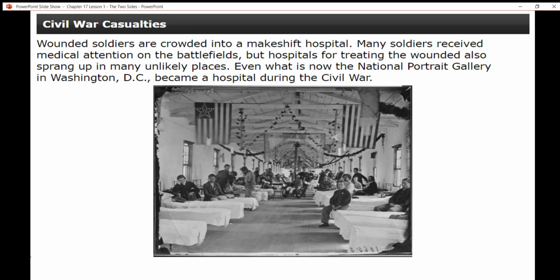Here in this actual photograph, wounded soldiers are crowded into a makeshift hospital. Many soldiers receive medical attention on the battlefields, but hospitals for treating the wounded all sprang up in many unlikely places. Even what is now the National Portrait Gallery in Washington, D.C., even that gallery became a hospital during the Civil War.